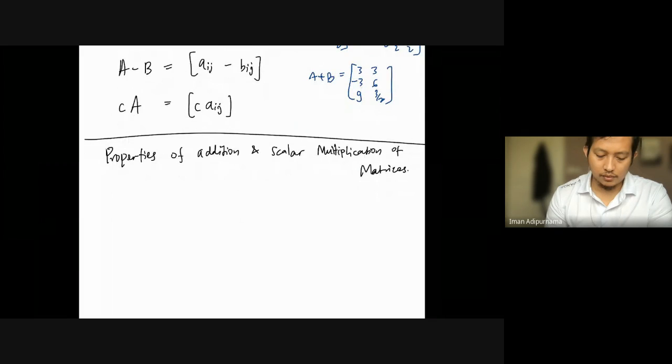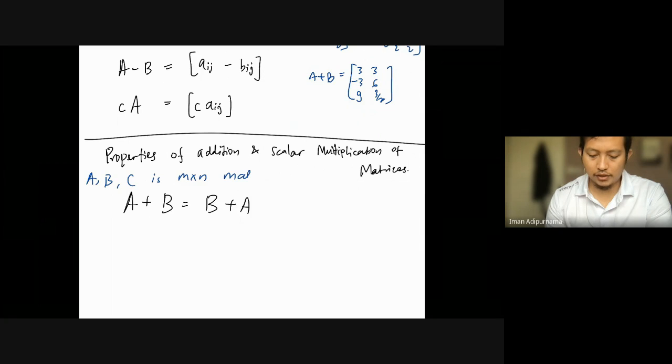Okay. The property: if we have A plus B, this will be the same as B plus A. A, B, C are matrices with n size.